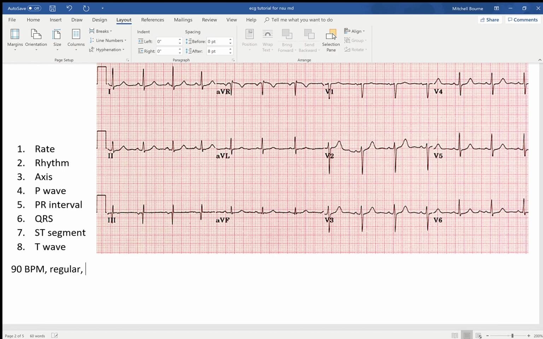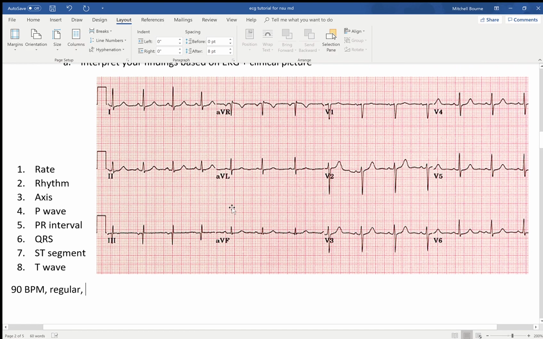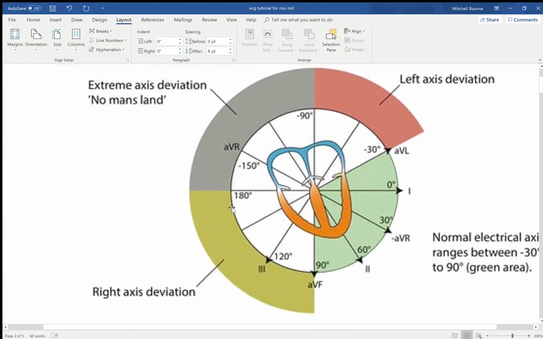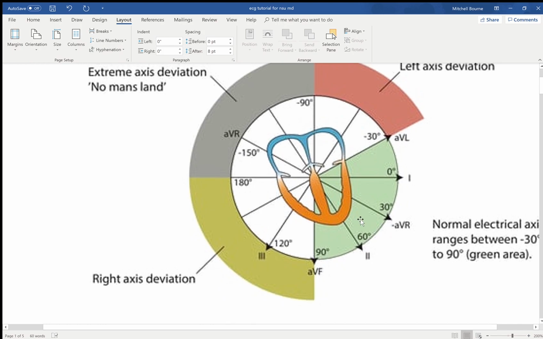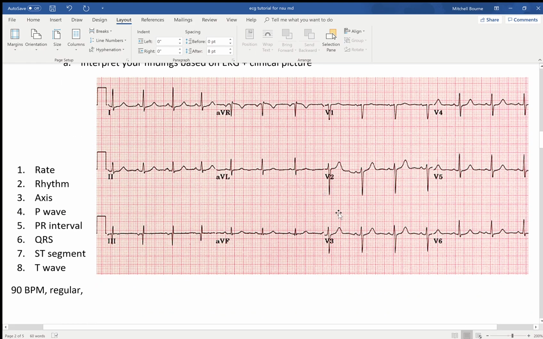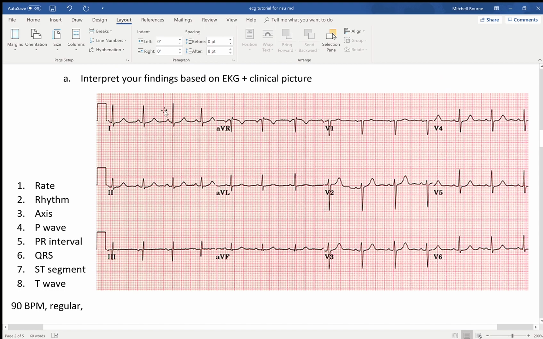So axis, let's calculate the axis. So what is the axis? The axis is right here. It's the direction of the electricity. That's it. It's the average direction of the electricity. So what we're going to do is we're going to come down here. So we're going to look at this. Lead 1 has a positive deflection, right?